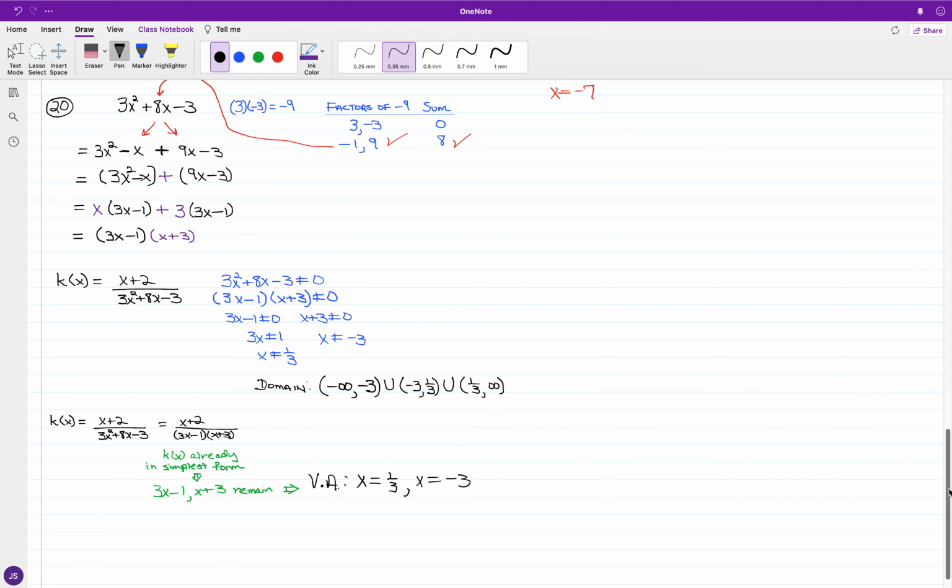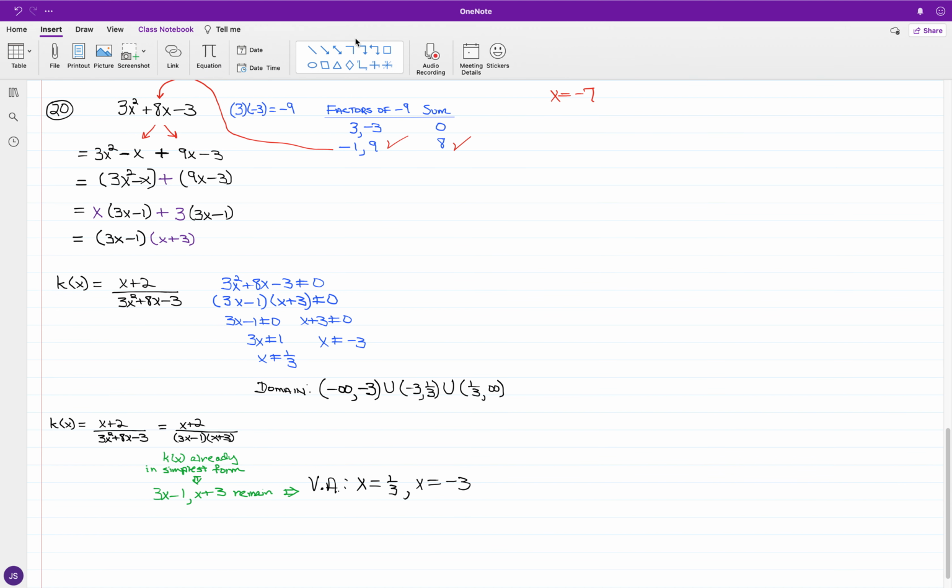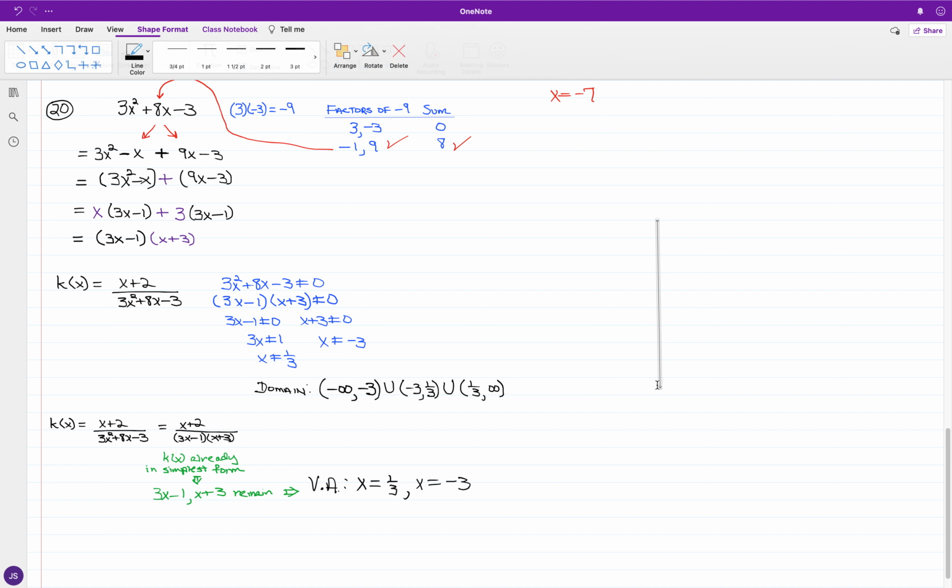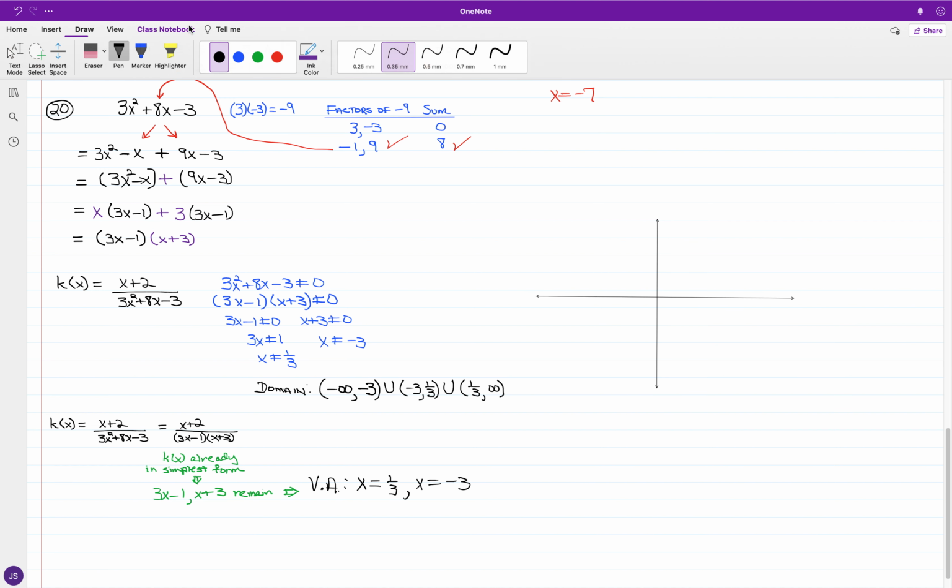Just looking at what we have in the structure, you have x equal to negative 3 and x equal to 1/3, so again two vertical asymptotes.